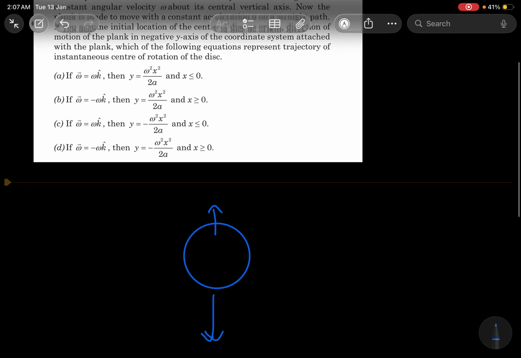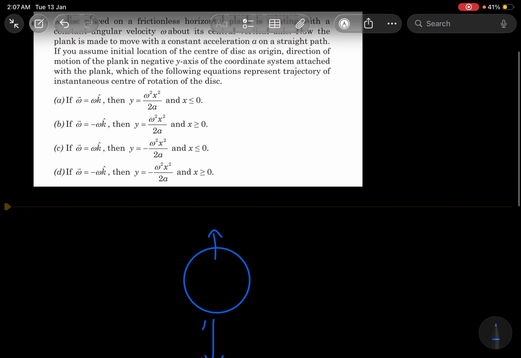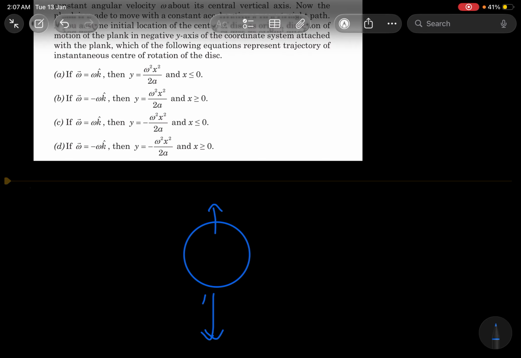Or you can say relative to the plank, the disk will go upwards, so in the positive y-axis direction. So if the plank is going in the negative y-axis direction with an acceleration a, then a person sitting on the plank would see the disk going with the acceleration a in the positive y direction, right?